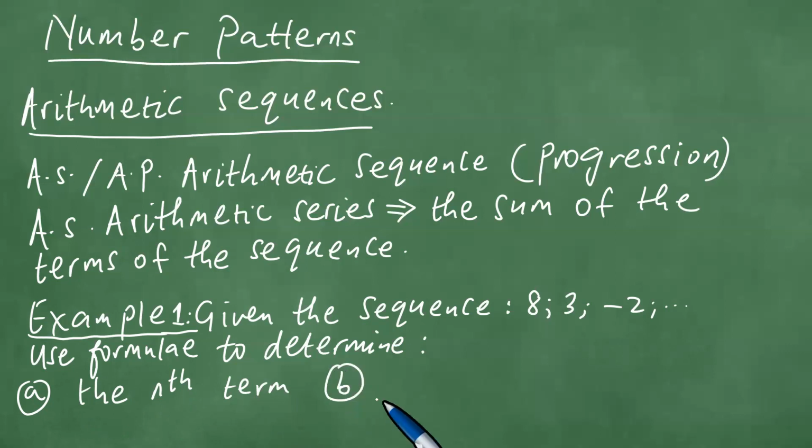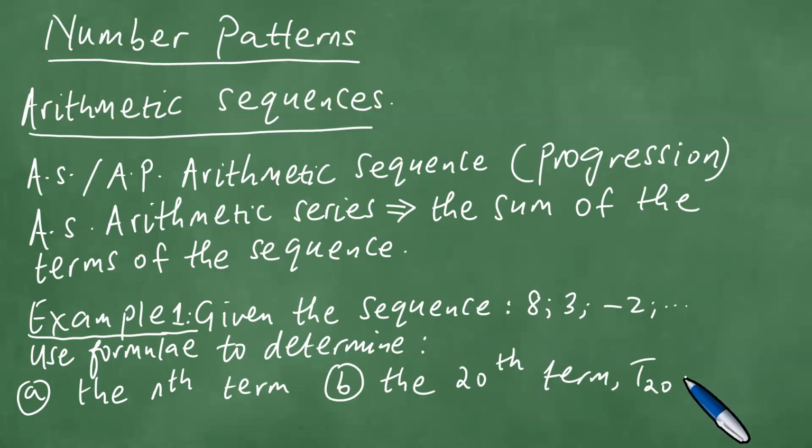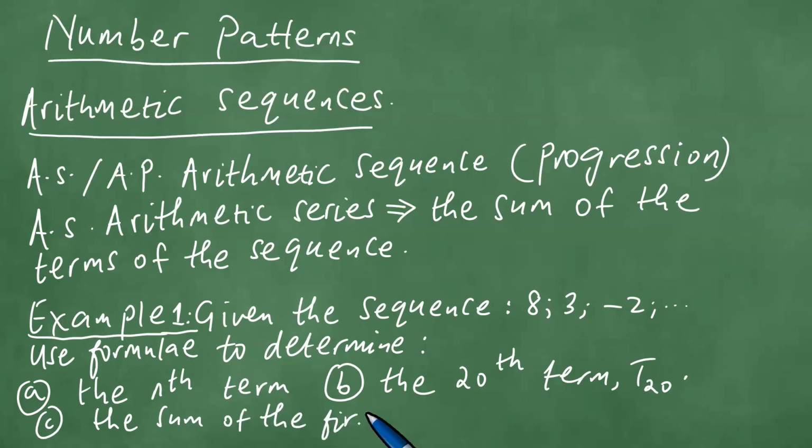B, the 20th term. C, the sum of the first 20 terms. So we're going to be looking at the summation of this as well.